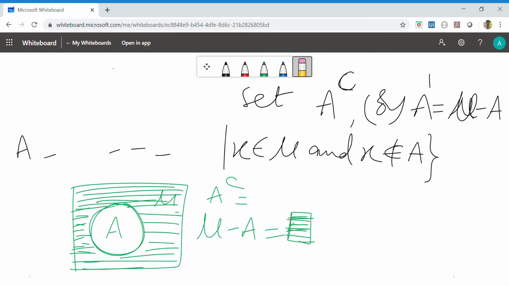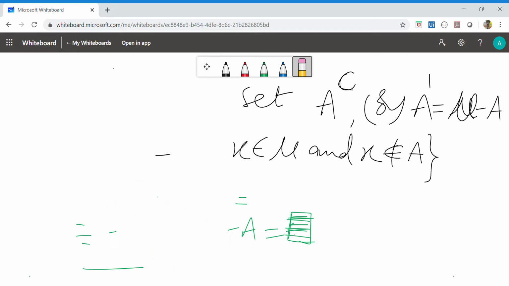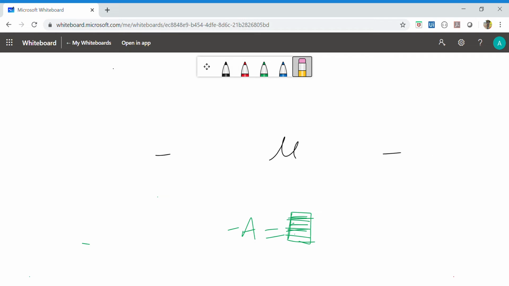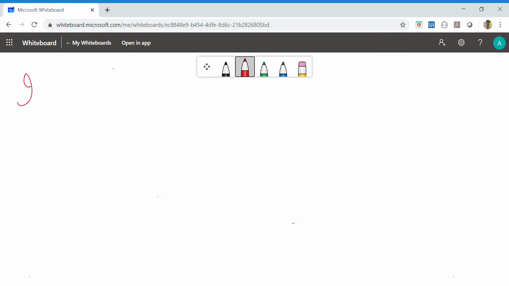So we discussed union of sets, intersection of sets, difference of sets, symmetric difference of sets, and complement of sets. Next, you have to note that if A is a subset of B, subset we already discussed, then what are the conditions?